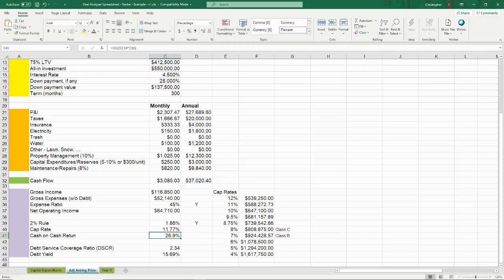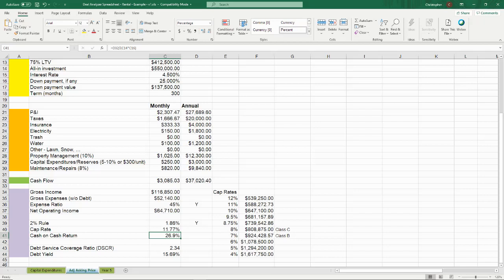I guess it's okay to round that to 27%. So where else are you getting those type of returns? Do you have any other investments that are providing you a 26 or 27 or 20 anything percent return on your investment? If so, stick with it. If not, then let's talk about the investment opportunities that might be available to you with real estate.